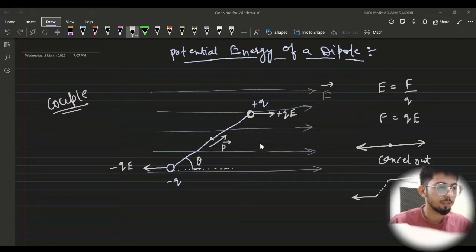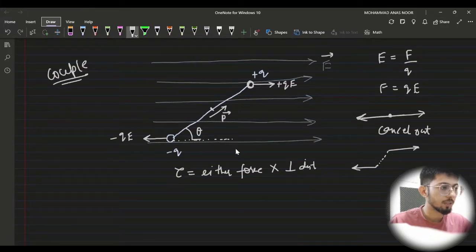So what is torque? I told you torque is the product of either force into the perpendicular distance. So either force is QE, don't take the negative sign here, multiplied by the perpendicular distance.